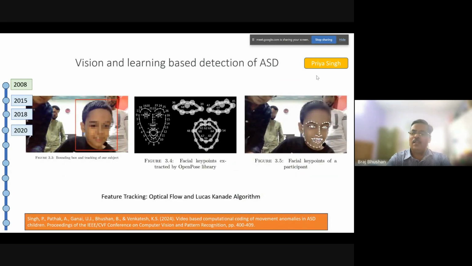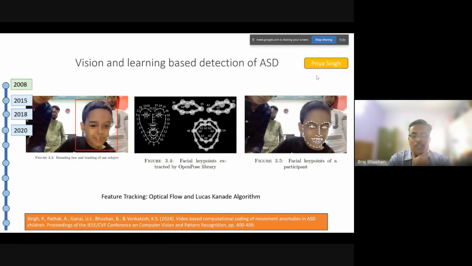And then started the hardcore, what you call as the technical journey. In 2020, we completed a work which was basically vision and learning based detection of autism. These children were shown certain visual stimuli, and we were recording the faces of these children.